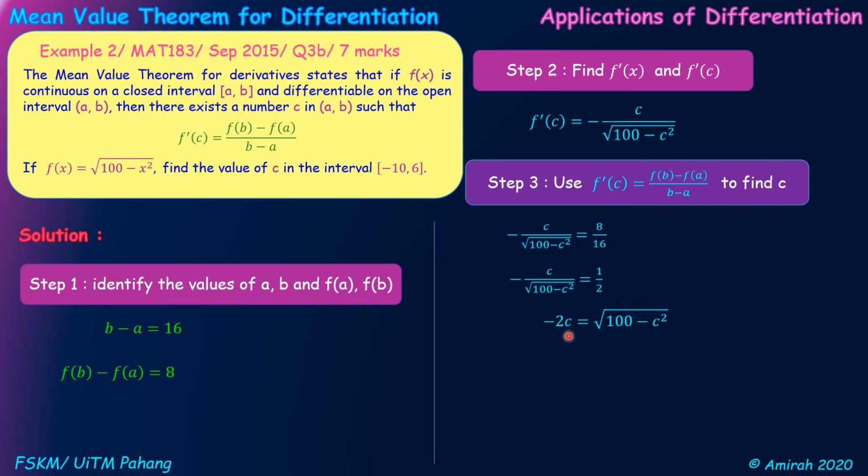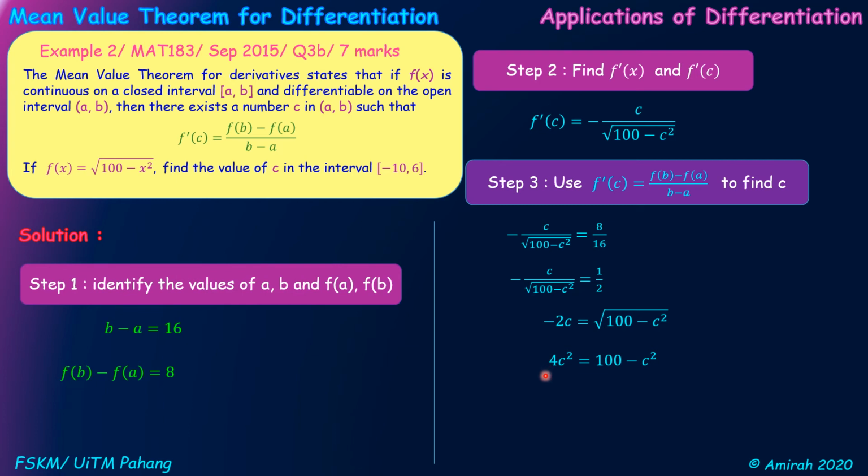To solve this equation, we move the square root to the left hand side. So we get negative 2c in brackets, squared. After we simplify, we get positive 4c squared equals 100 minus c squared. There is no more square root because we moved it to the left hand side.